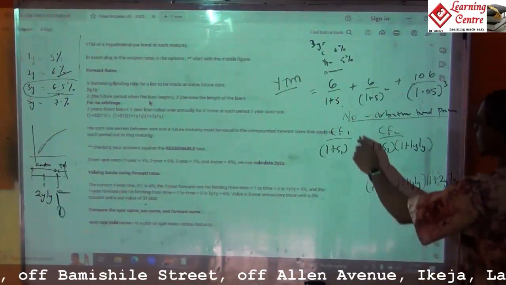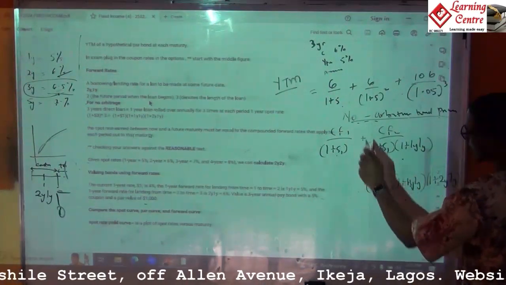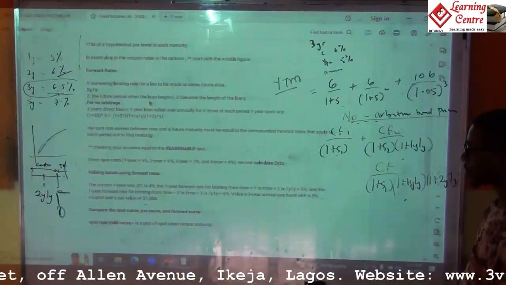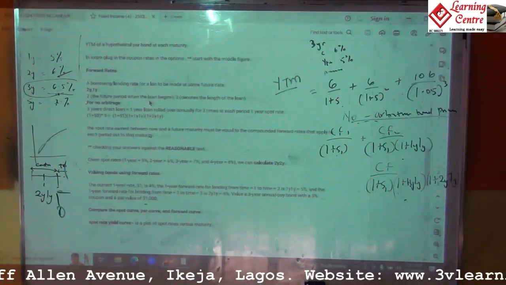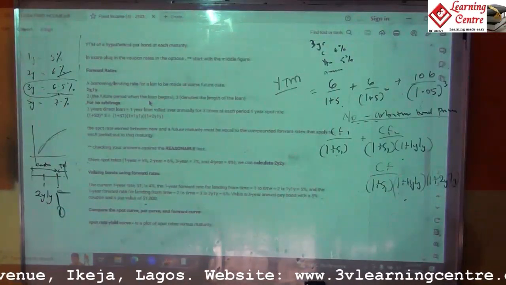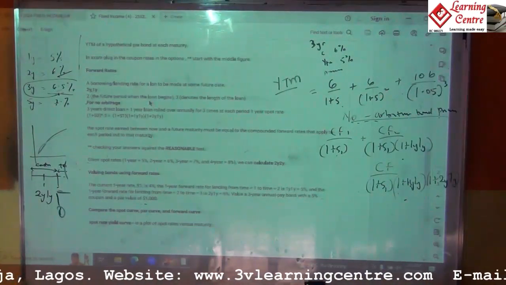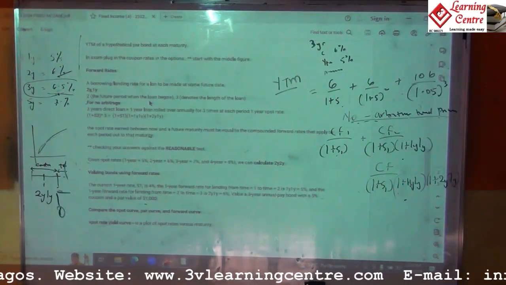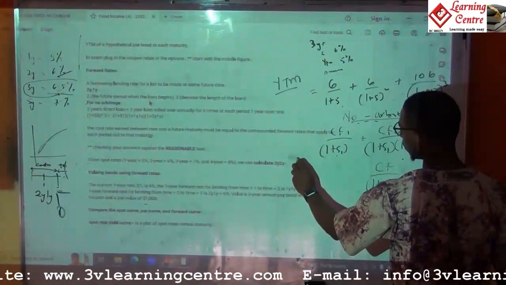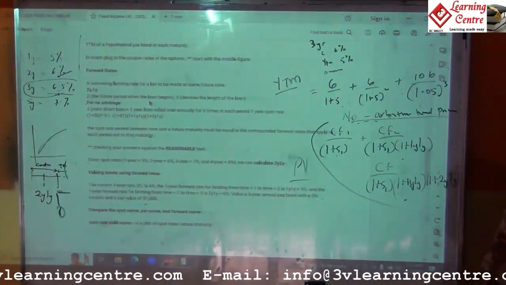We are just pricing it based on individual spot rates, when those cash flows come. That's why we are discussing all these cash flows to determine the price of the bond.